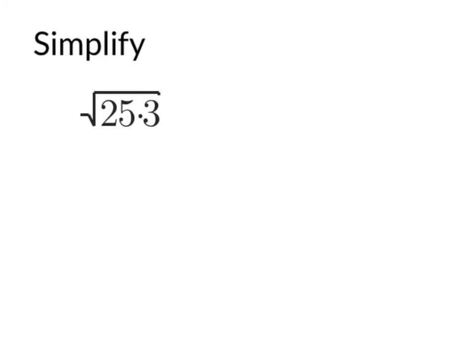But here's one where the radicand isn't even a fraction. The square root of 25 times 3. So the radicand is actually a product. It's a multiplication of 25 and 3. And the thing about 25 is that that is a perfect square, however 3 isn't. Now we can break up this square root in the same way we did the fraction, as the square root of 25 times the square root of 3.